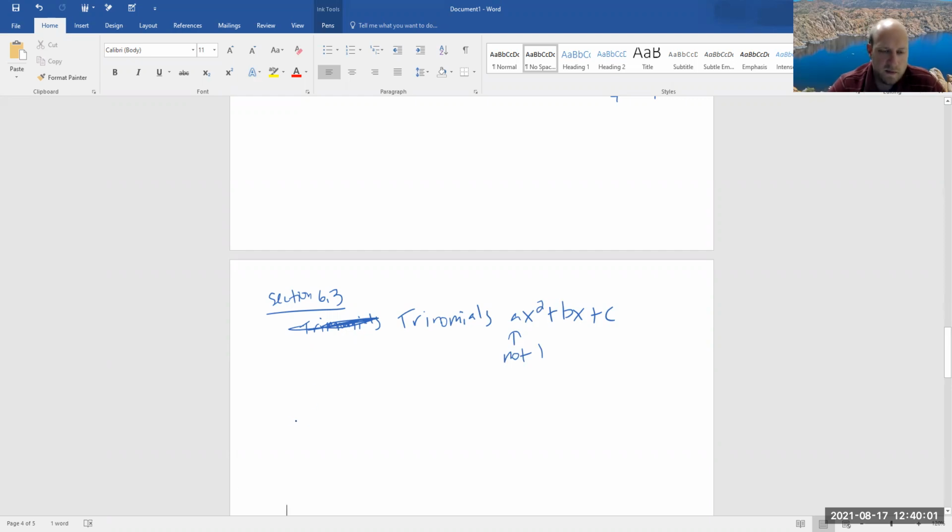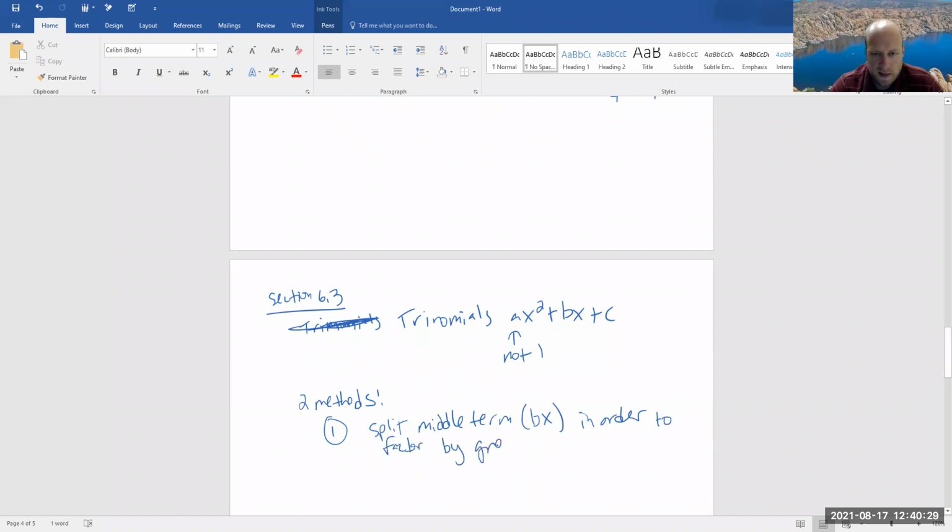We really learned two different methods here: one was the book method, one was my method. My method was that we would split the middle term, so split the bx in order to factor by grouping.